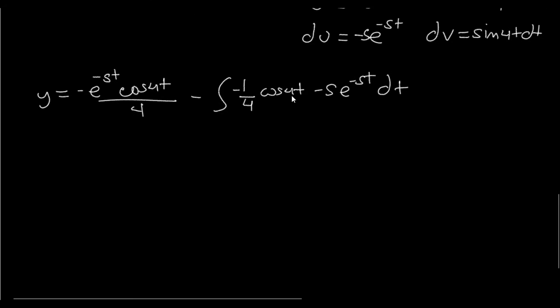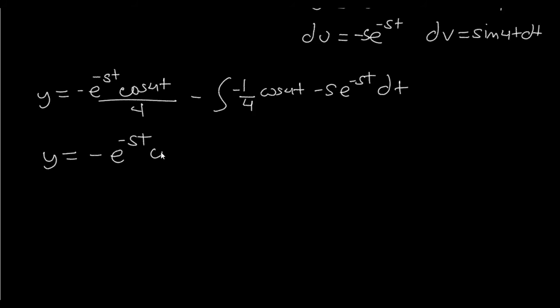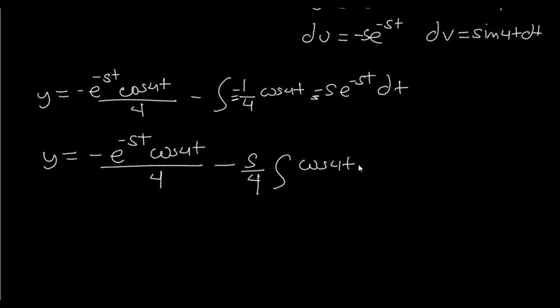Next, simplify muna natin further. Negative e to the negative st cosine 4t over 4. So, may negative dito, may negative. Ilabas natin yung mga constants. Magiging s over 4 integral ng cosine 4t e to the negative st dt.